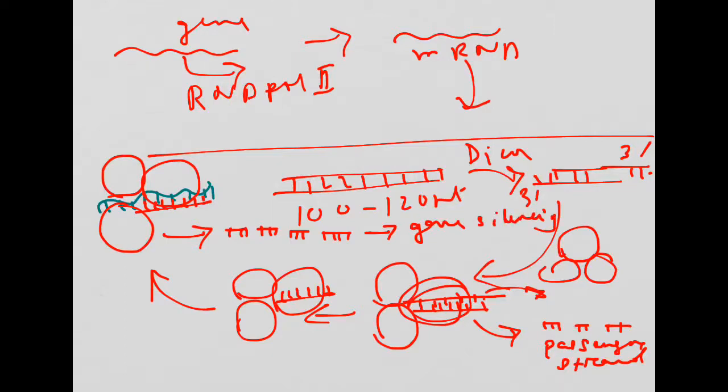So we can see that siRNA and miRNA mediated gene silencing mechanisms are very much similar. The only difference is that they have structural differences, and the major difference is that miRNA has incomplete sequence complementarity, so because of this they can have multiple target mRNA molecules, but your siRNA molecule has complete sequence complementarity with the target mRNA molecule.